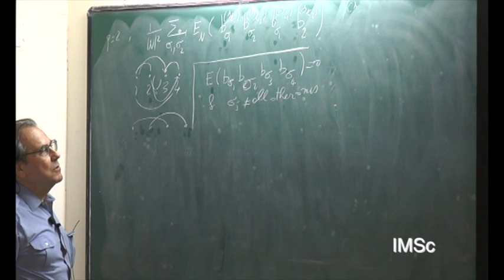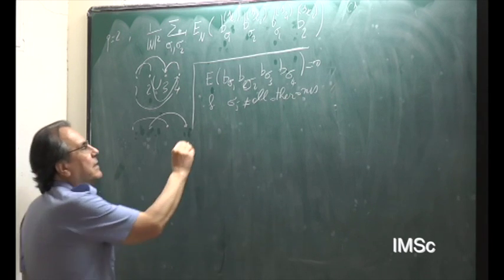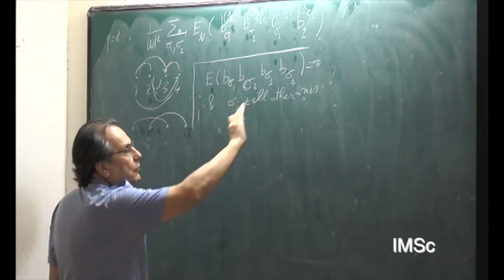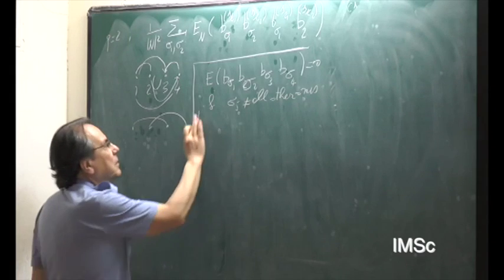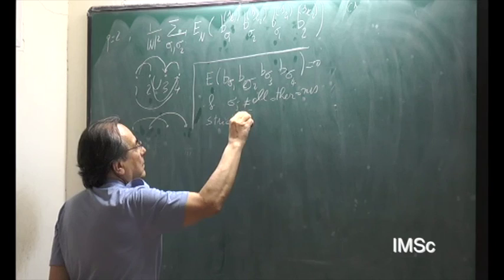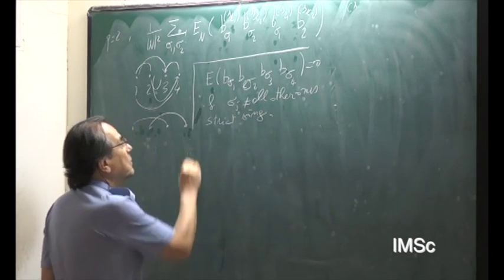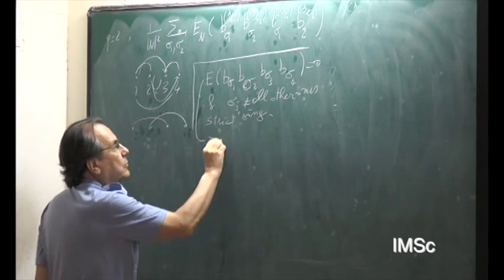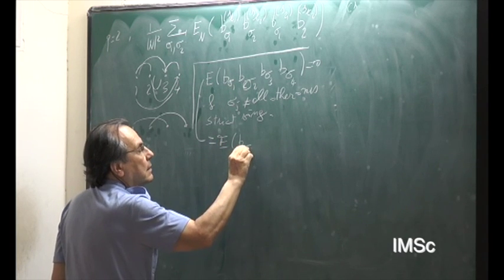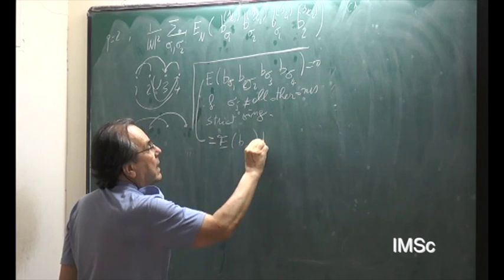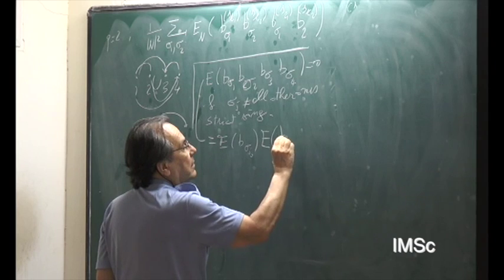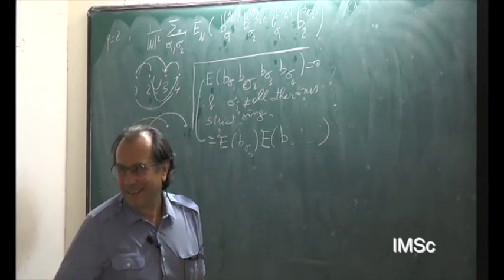Now, I want to say, suppose that there is one sigma j, let me call it sigma j0, different from all others. What is a strict singleton? Strict singleton means that this is equal to E of B sigma j0 times the expectation of the other three in the product.